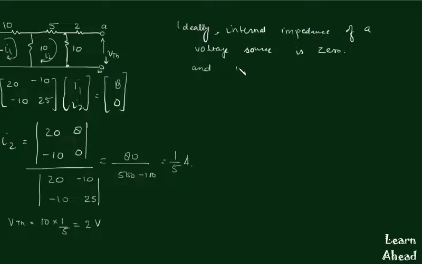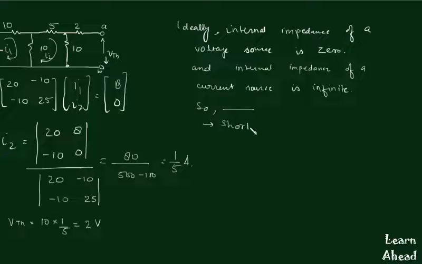And internal impedance of a current source is infinite. So in other words, we can say that we need to replace voltage source with a conducting wire, or you can say we need to short circuit the voltage source and open circuit current source.